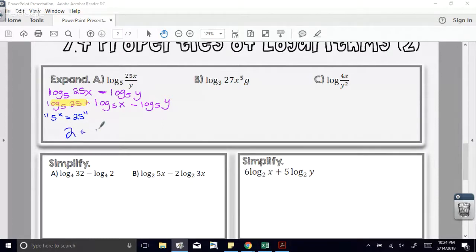Everything else is going to stay the same. So we've got 2 plus the log base 5 of x minus the log base 5 of y, and we can circle it.